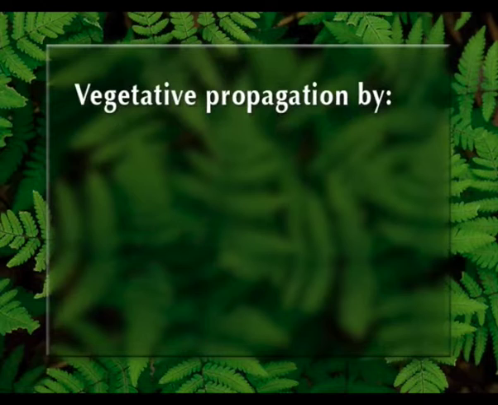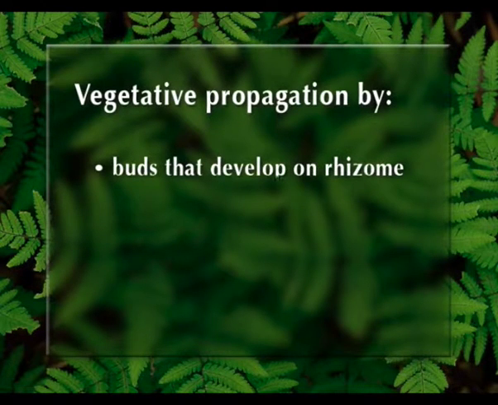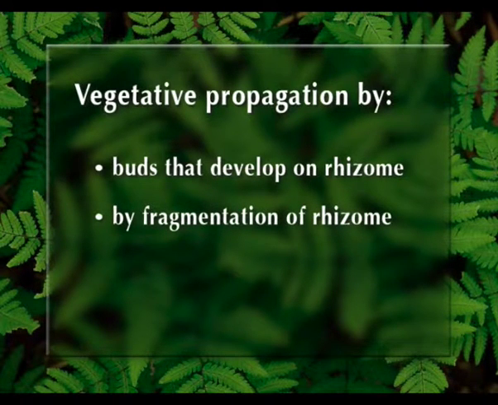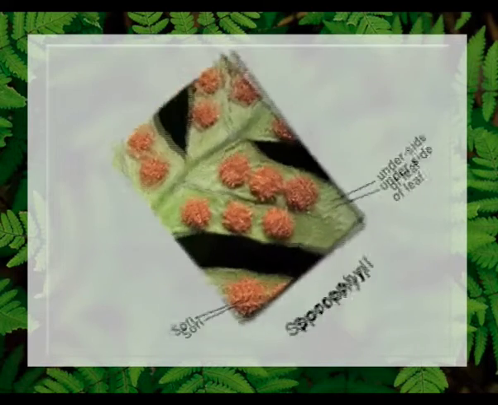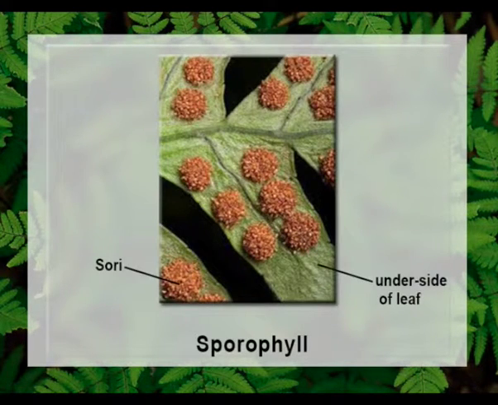The vegetative propagation takes place by buds that develop on the rhizome, or by fragmentation of the rhizome. Second, the asexual reproduction takes place by means of spores, which are produced inside the sporangia. The sporangia are borne on the lower surface or in the axils of fertile leaves, known as sporophylls.